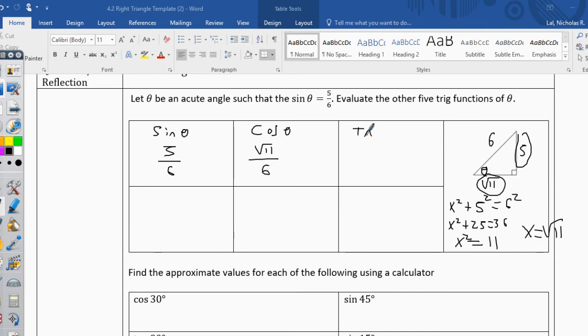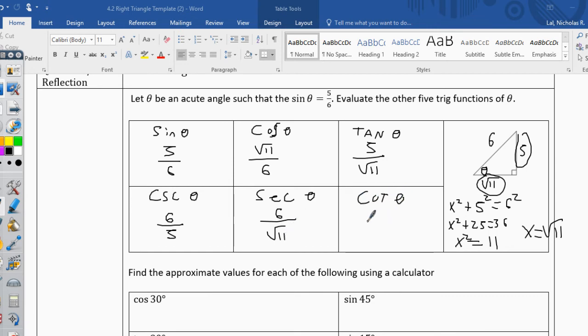The tangent of theta, opposite over adjacent, that's 5 over the square root of 11. The cosecant of theta is going to be 6/5. The secant of theta is going to be 6 over the square root of 11. And the cotangent of theta is root 11 over 5. So notice some patterns here.